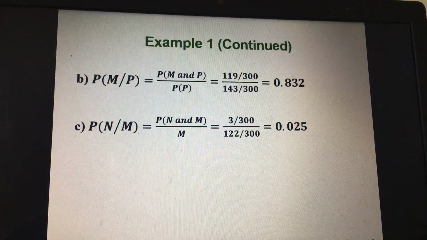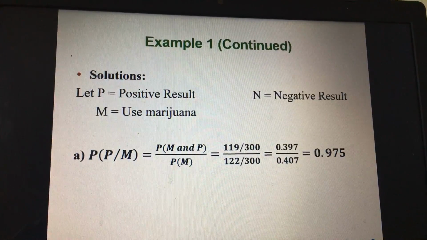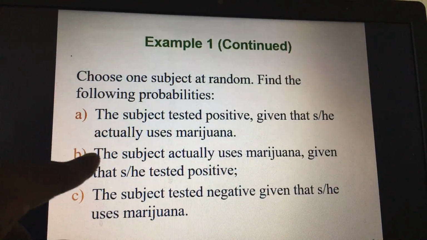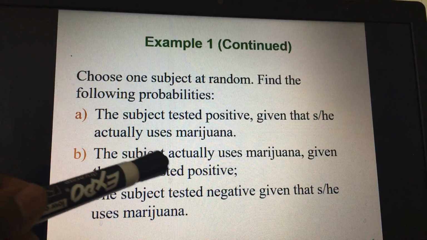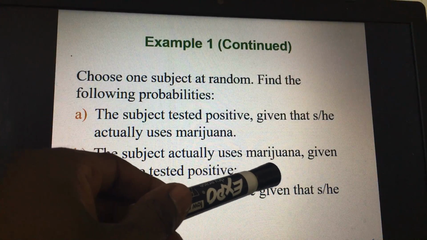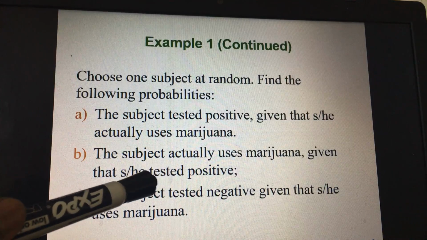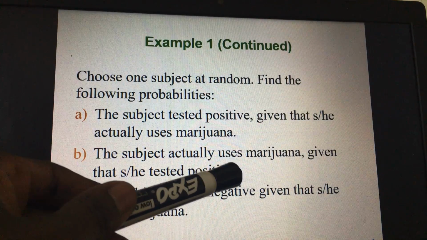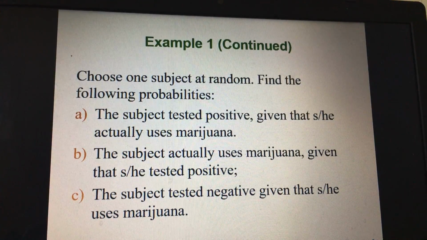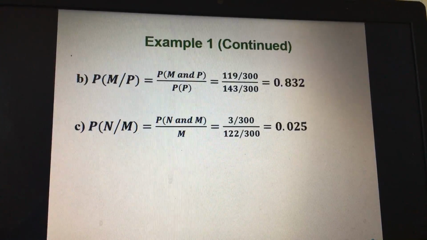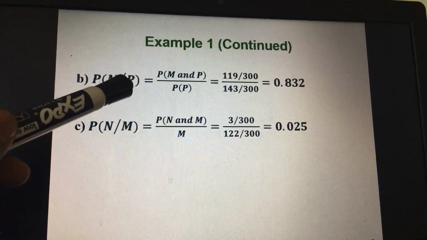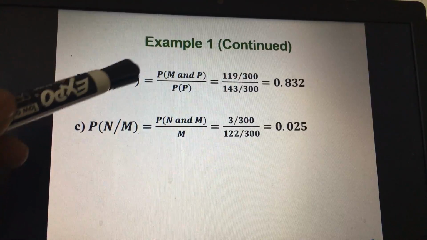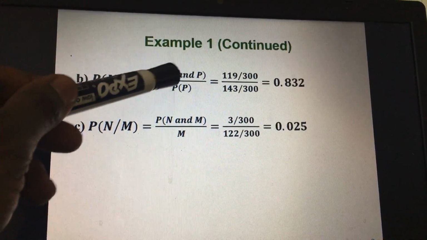Let us look at the next example. According to the equation, it says the probability that the subject actually uses marijuana, given that he or she tested positive. In that case, we use this. The probability that he uses marijuana, given that he or she tested positive, means the probability of marijuana and positive, divided by the probability of positive.